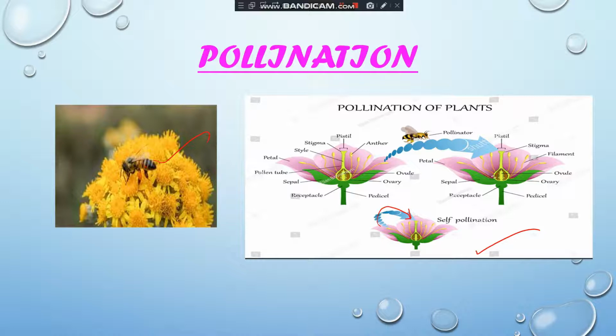So in this way insects, birds, etc. help in pollination. If the pollen transfers from anther to the stigma of the same flower, it is called self-pollination. But if the pollen transfers from anther to the stigma of another flower, here you can see, then it is called cross-pollination. Understood, students? So pollination is of two types.